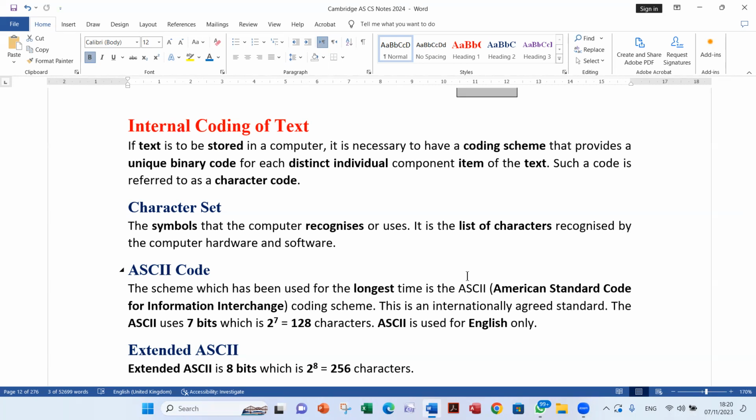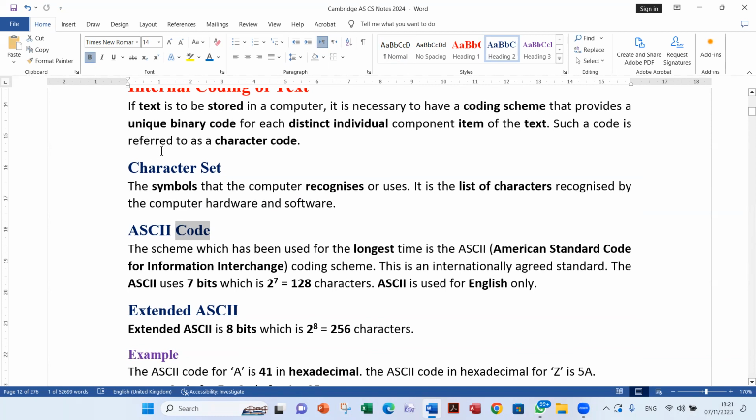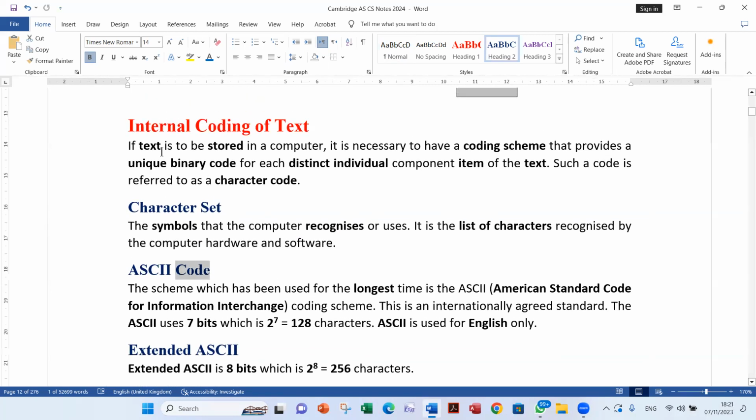And to represent the alphabet, there is what is called ASCII code. ASCII code is one of the two character sets you should be familiar with. I will go through everything from the beginning, but just let me explain it the easy and fast way, and then let us read everything.